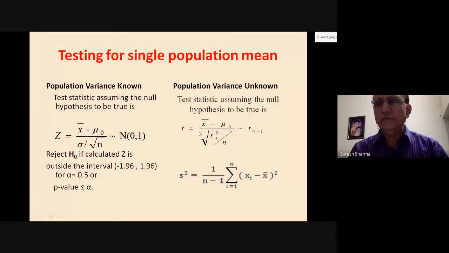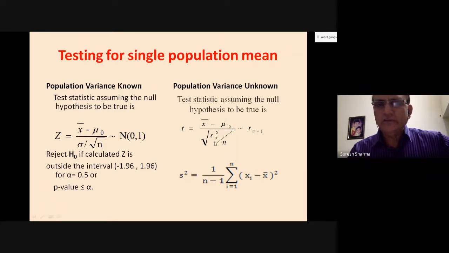You will not have to remember the formula, R will give you. But the only thing you have to remember is that t value is a computed value. Now x bar is known to you from the sample observation. Under H0, mu will be equal to mu naught. That is also known. Sample variance you can compute. N is the number of observations. And this has t distribution with n minus 1 degrees of freedom.